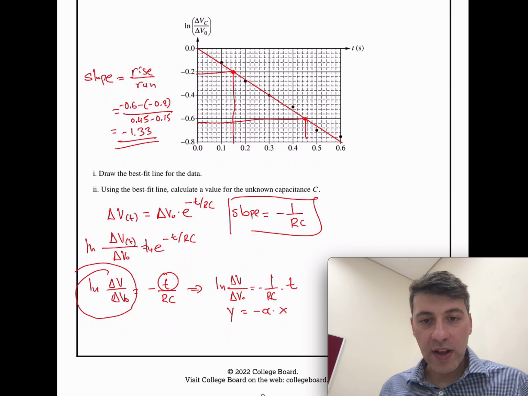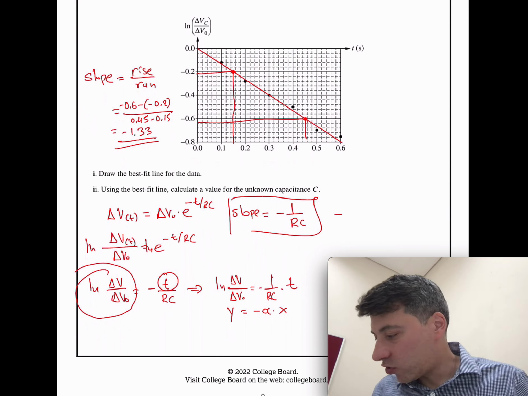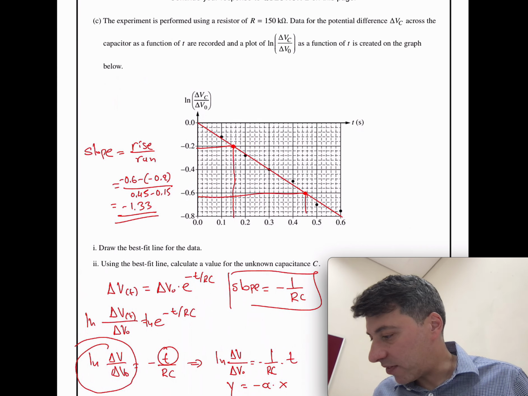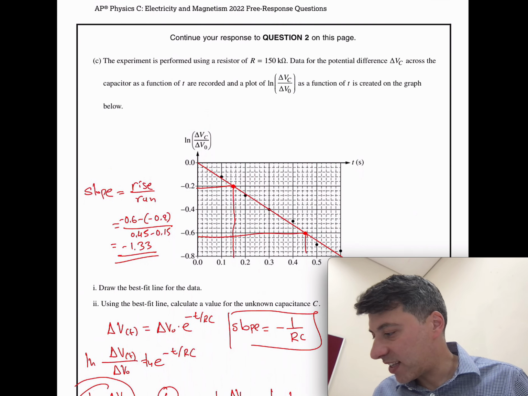can use this in order to find the value of the capacitance. So minus 1.33 equals minus 1 over the resistance, I believe it is given, 150 kilo ohms.